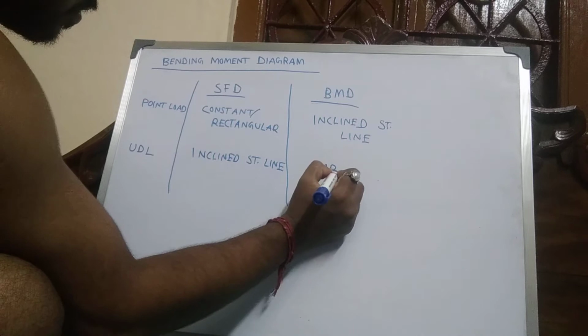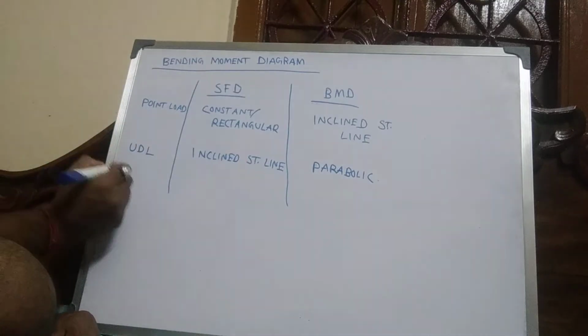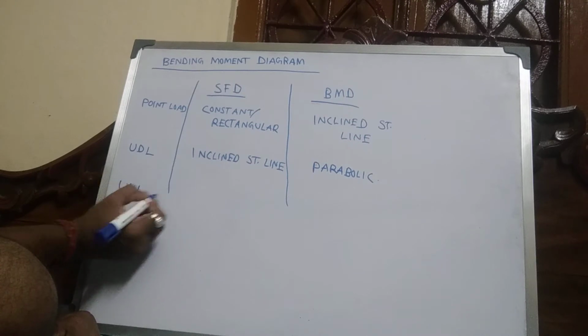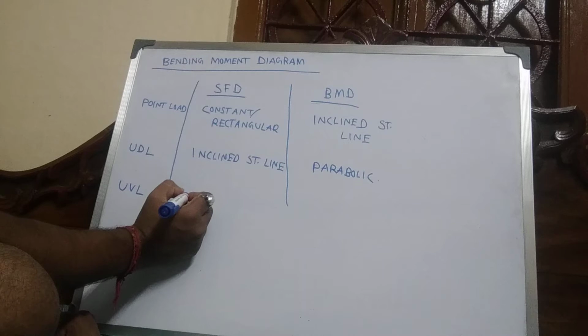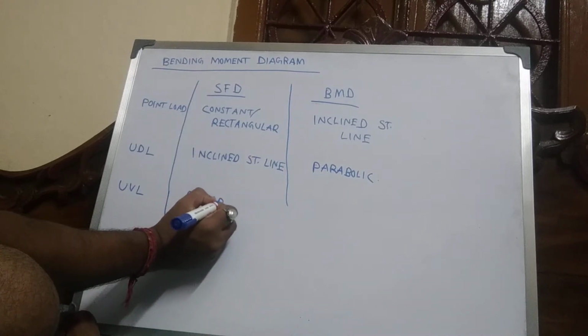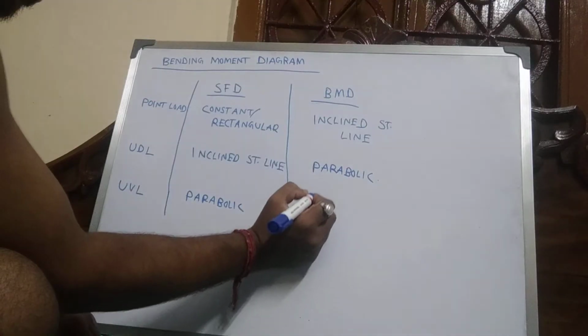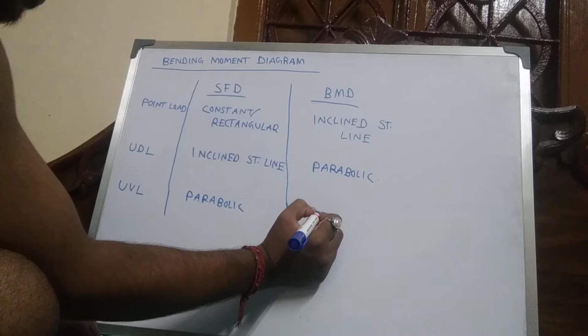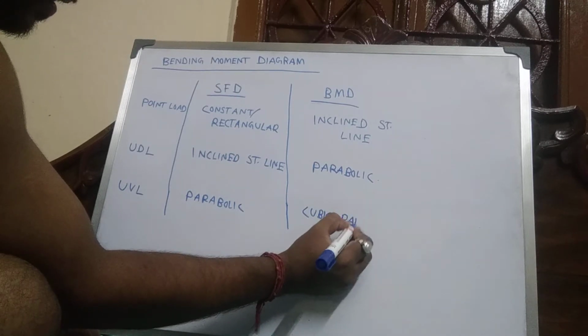For UVL, shear force is parabolic, and bending moment is cubic parabolic.